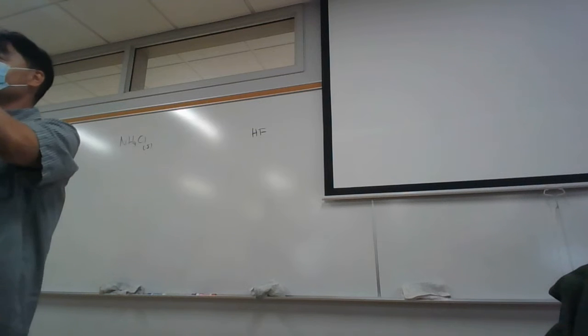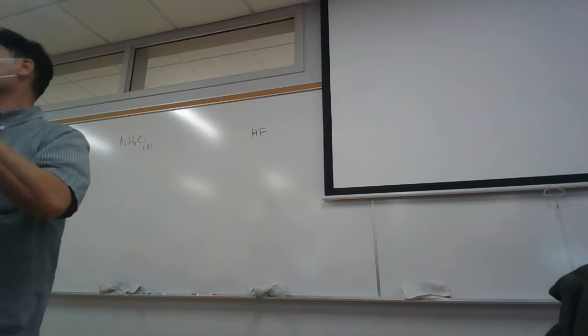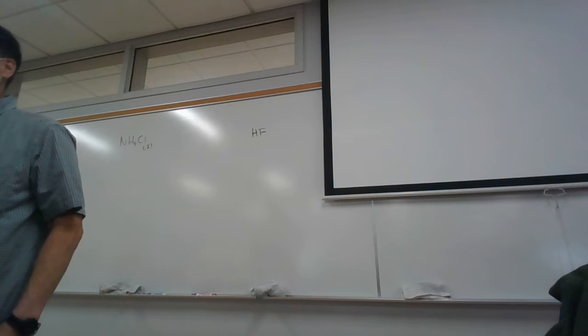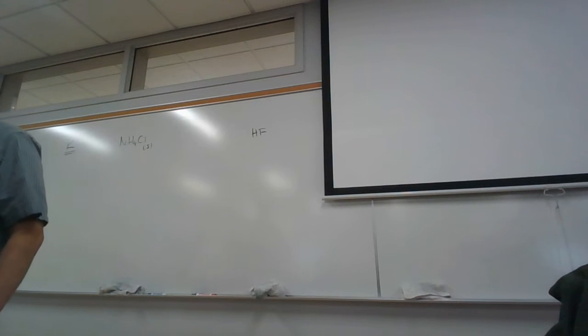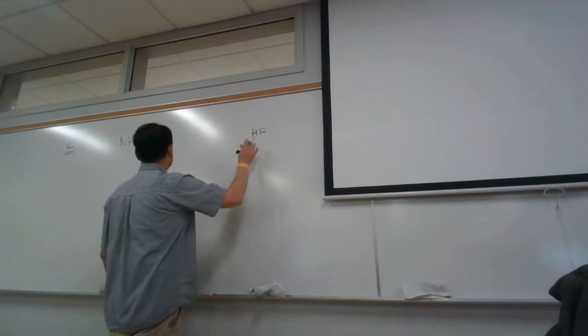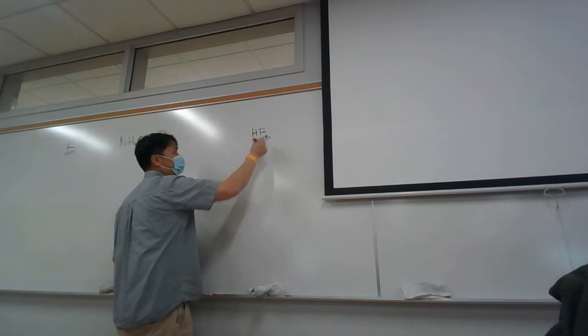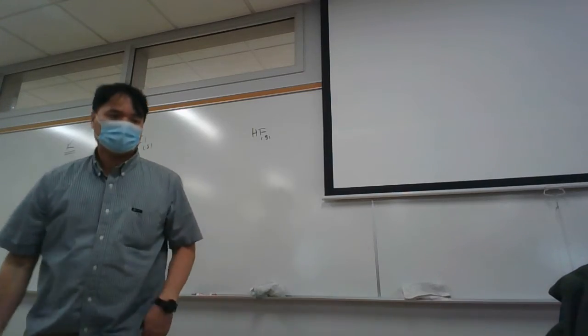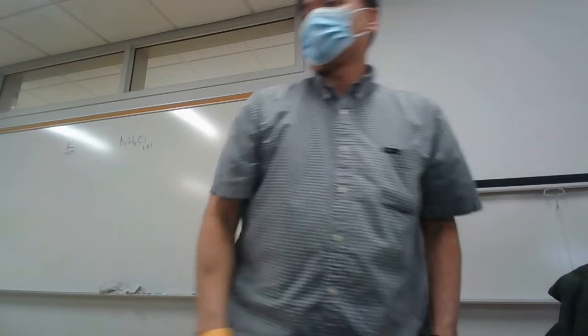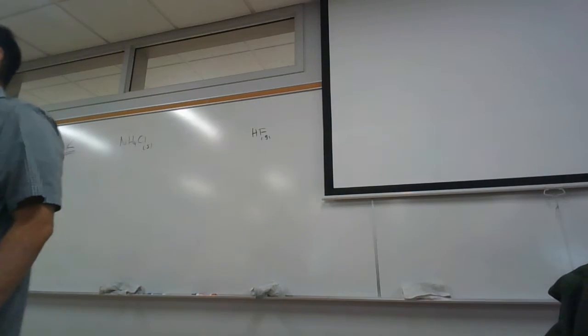Ionic compounds have these lattices of ions, cation and anion, simple array called. So this would be molecular. This would be a gas here. But any salts, what is a salt?